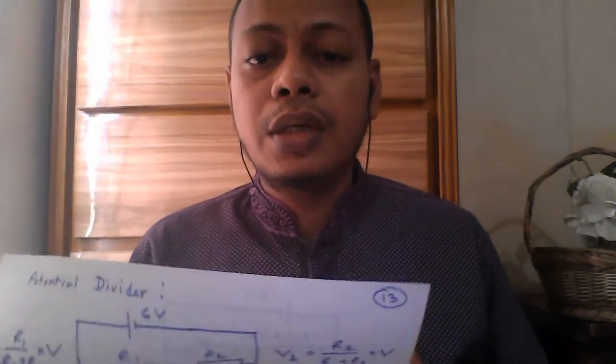That time we call it potential divider. We need this potential divider in many places. You will know it after a few discussions. Let's go for this discussion, then I will give you some examples where this potential divider is used.